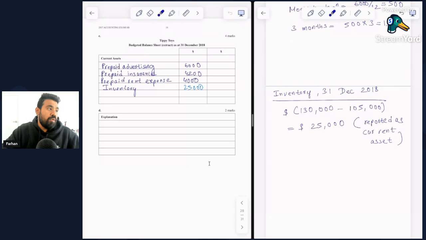So these are many of the reasons for why budgeting is important for the business, and you can easily get full marks. It's just 2 marks. I don't see a reason for why you won't get it, and that's as simple as that.